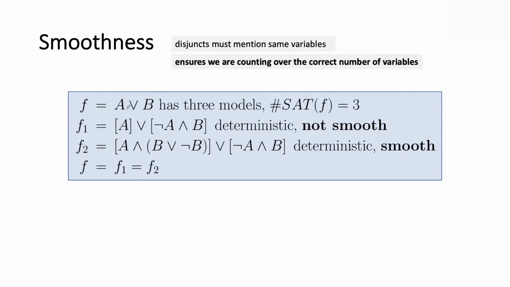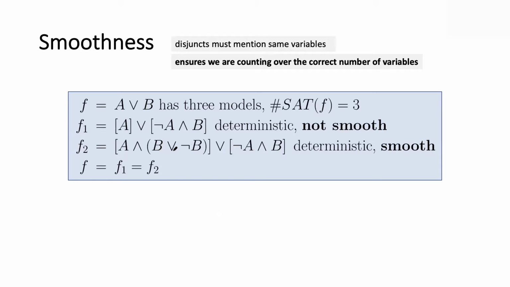Now I rewrote this in a way that is both deterministic and smooth. All right? Okay, there are hairy details, but it is deterministic and smooth. These 2 guys are mutually exclusive. Both of them mention the same set of variables. I have another OR here, and these 2 guys are mutually exclusive and mention the same set of variables. So now I have a smooth and deterministic formula.